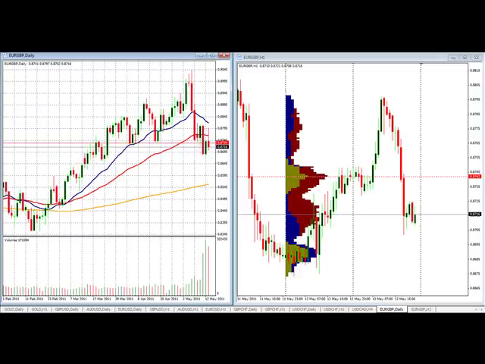Now you have one entry right at the falling three pattern, which is at 8688. You have another entry a little bit lower, which is at 8667, and that matches up with this swing high. And then once we get from there, we're probably coming down to the 200 moving average.